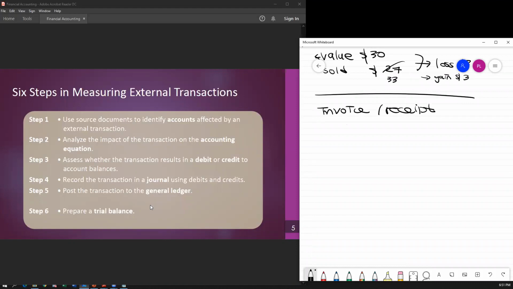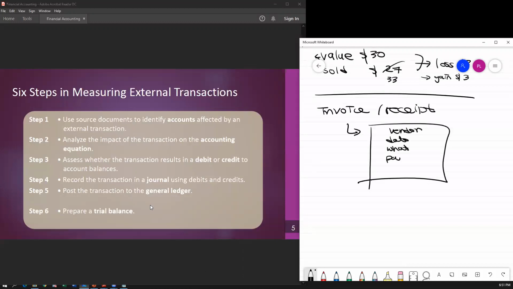Within the invoice, there is going to be information about the vendor, the date of the transaction, what product you're selling or buying from a vendor, and the payment terms, whether you're paying using cash or using accounts payable. These payment details will be included in the invoice.